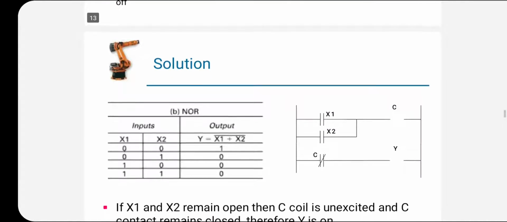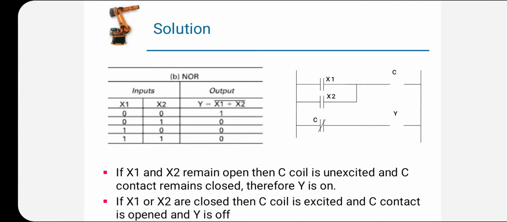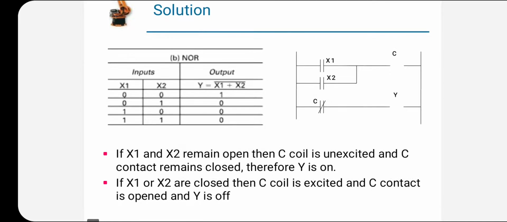Now the NOR gate. For the NOR gate, write down x1 and x2 in parallel. If either x1 or x2 is closed, then Y is on for OR, and for NOR it is the reverse. So you write down this circuit.